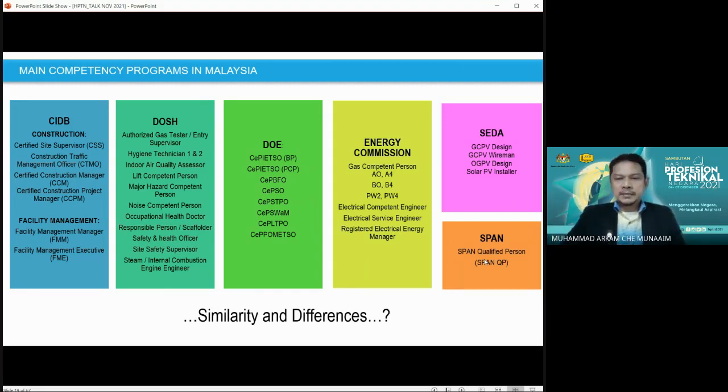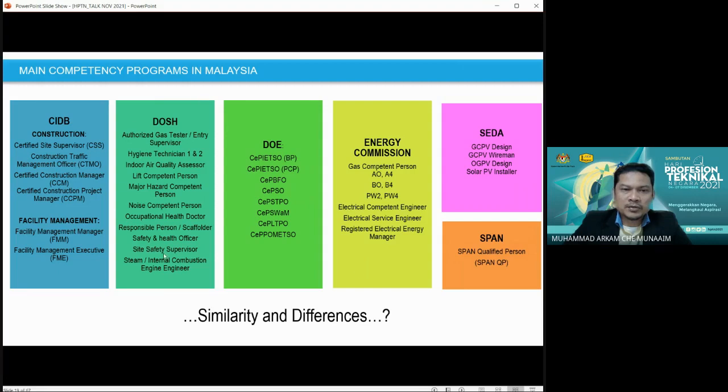But I can say that CIDB has a little bit extra on the method of assessment when they put things under their own qualification framework, which is the Construction Skill Qualification Framework, CSQF. Other than that, we don't have this at the moment. I'm not sure until when.